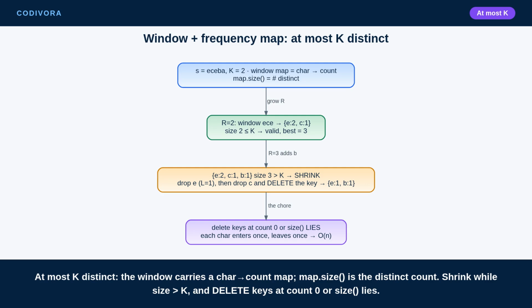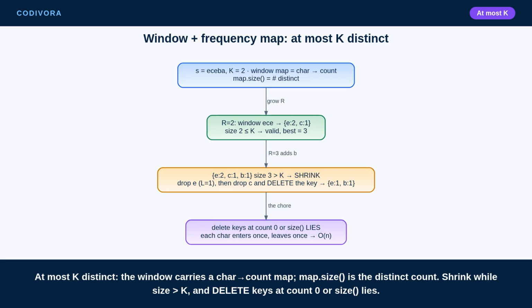Let's trace the frequency map window concretely. String E, C, E, B, A, at most two distinct characters. The window holds a map from character to count, and the map's number of keys is your distinct count. At E, C, E, the map is E2, C1, size 2, valid, best length 3.